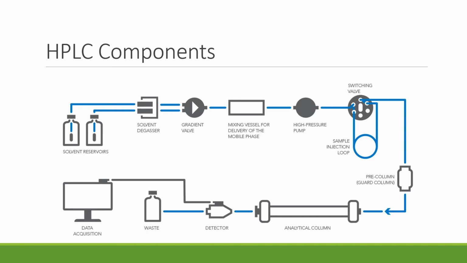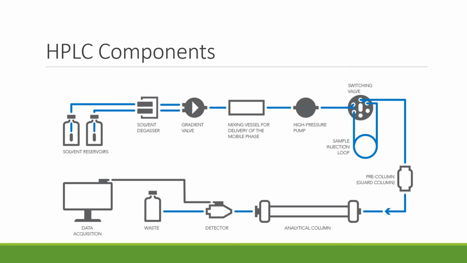All right, and then next we have our analytical column, and this separates the sample into its various components. And samples are separated based on that differential affinity for the components, either in that solvent or in the packing material within the column, that stationary phase again.